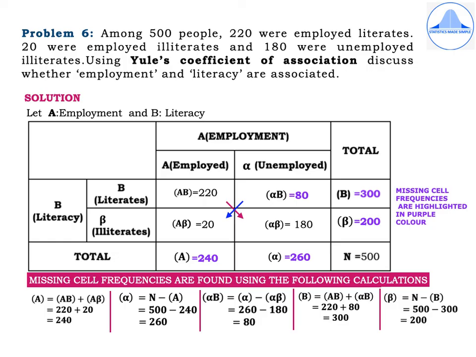Then 20 were employed illiterates. So employed illiterates is the cell frequency A beta is equal to 20, and 180 were unemployed illiterates.